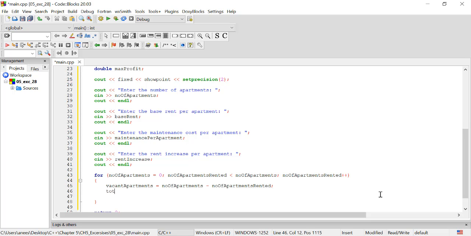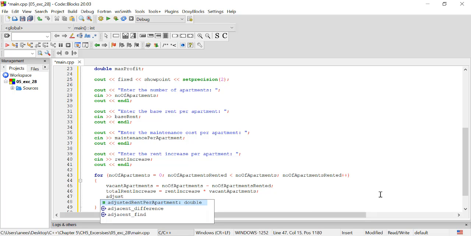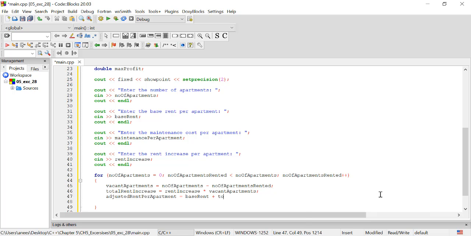After that, we can write in total rent increase is equal to rent increase times vacant apartments, and then we can write in adjusted rent per apartment is equal to base rent plus total rent increase.